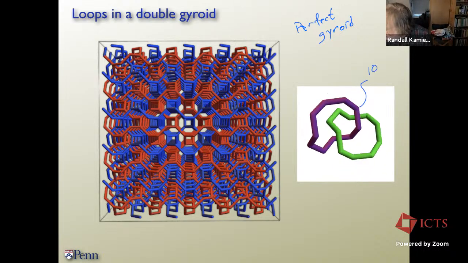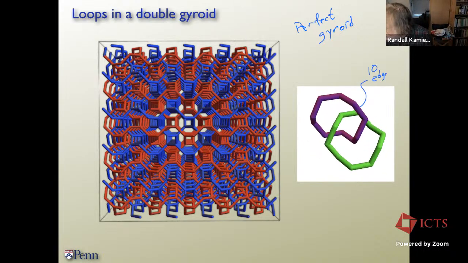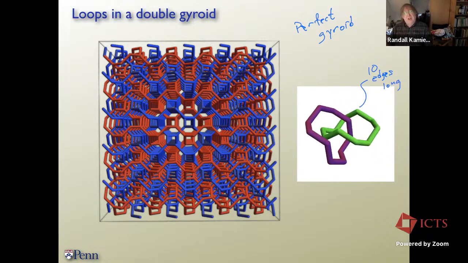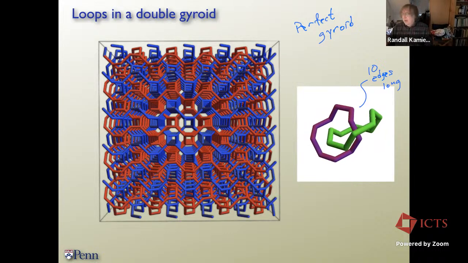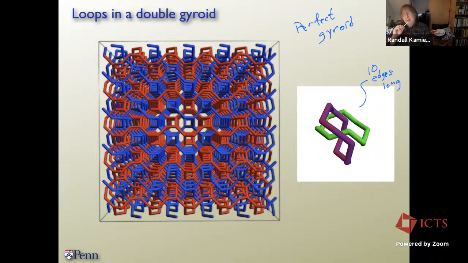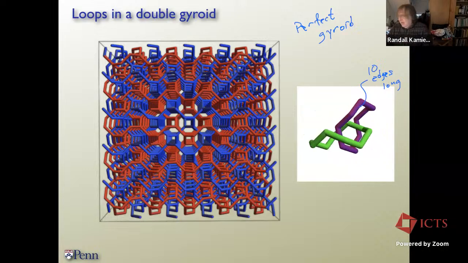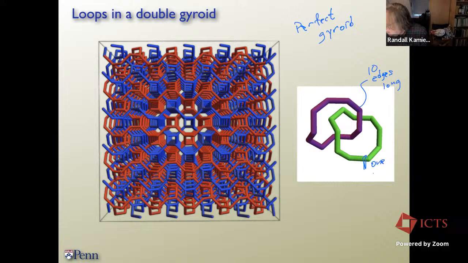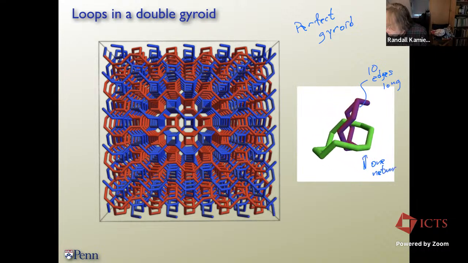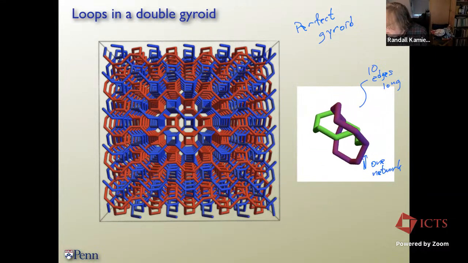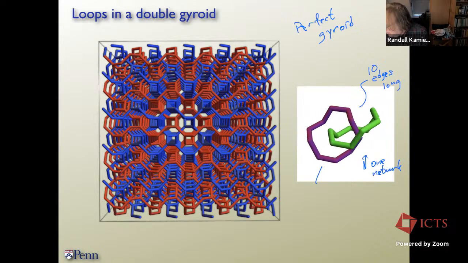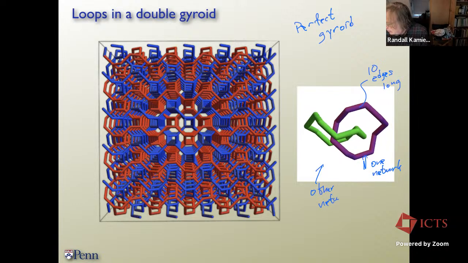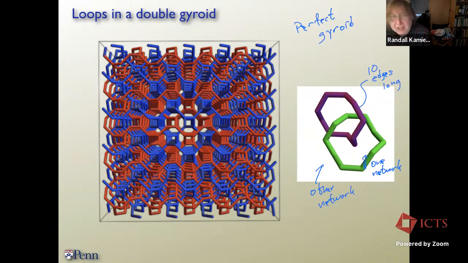They're 10 edges long. In order to come back to where you started in this gyroid network, you have to take a path of length 10. And as you go around that path of length 10, this closed loop, this is one network. The other network is interleaved between it, and this is the other network. And the other network also has loops that go around, and they're linked.